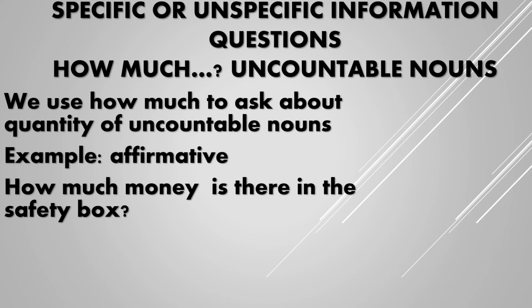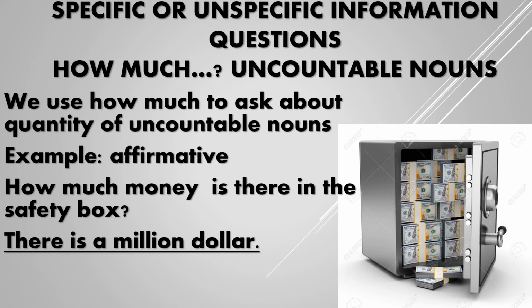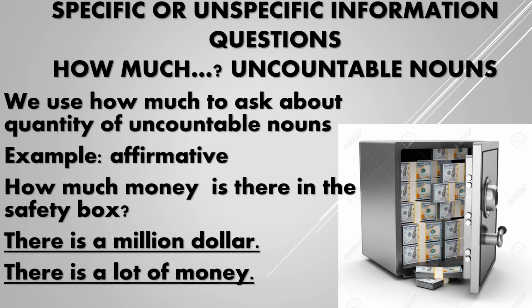How much money is there in the safety box? There is $1 million. Specific information, a specific answer, or there is a lot of money. Remember that with uncountable nouns, we use the singular verb to be.